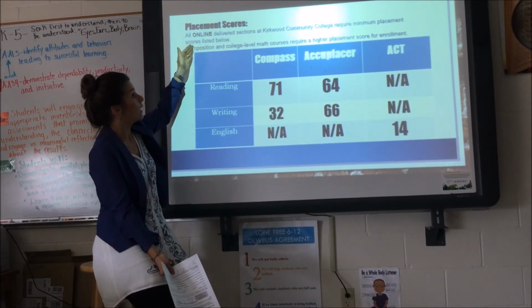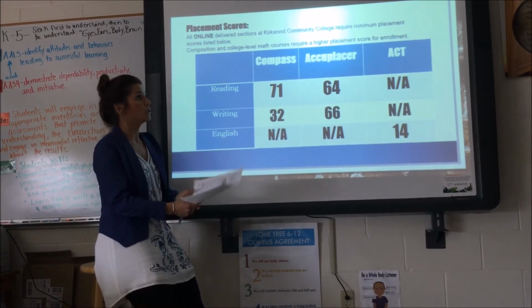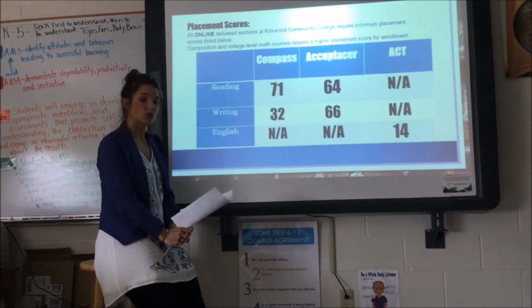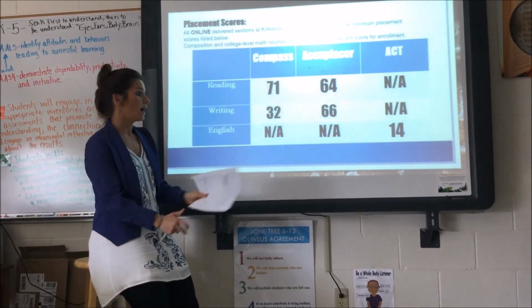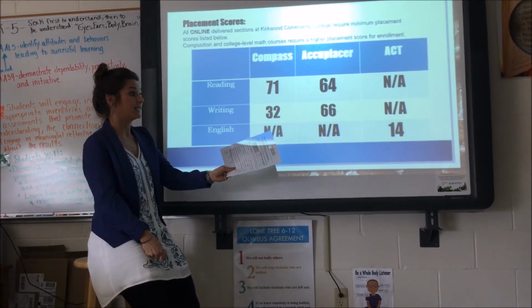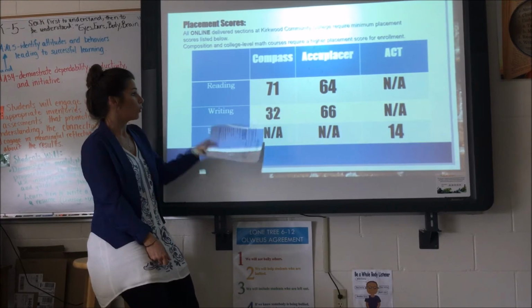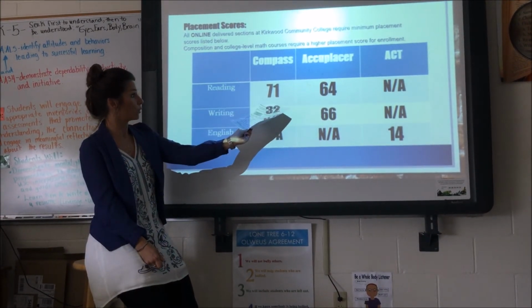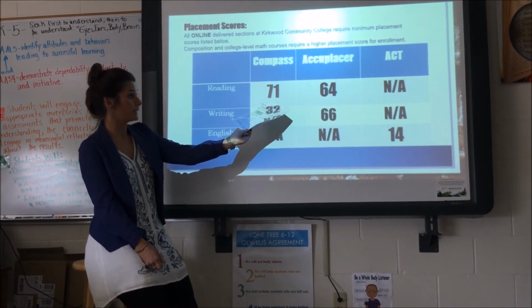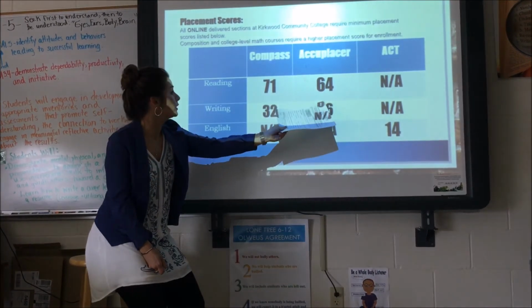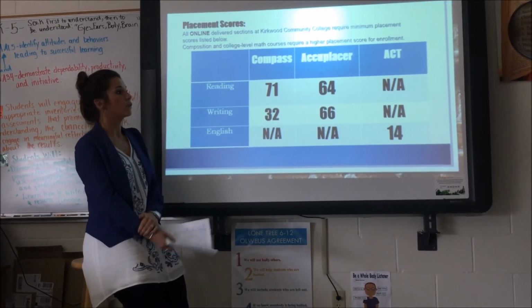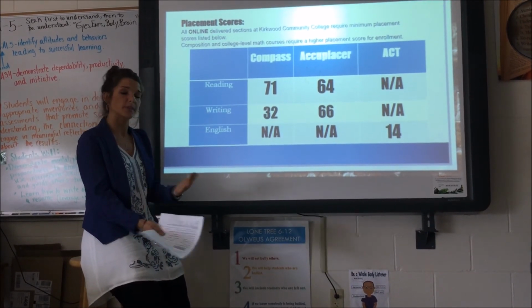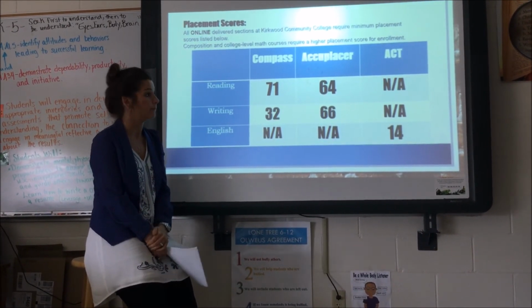These are for all online classes, and just know that for the Composition 1 and 2 class that is offered here and taught by Mrs. McCarty, you must have an ACT score in English of 14 or a reading score of 71 on the Compass exam if you took it, or a 64 in reading and a 66 in writing for the AccuPlacer, which is the test that has replaced the Compass exam.